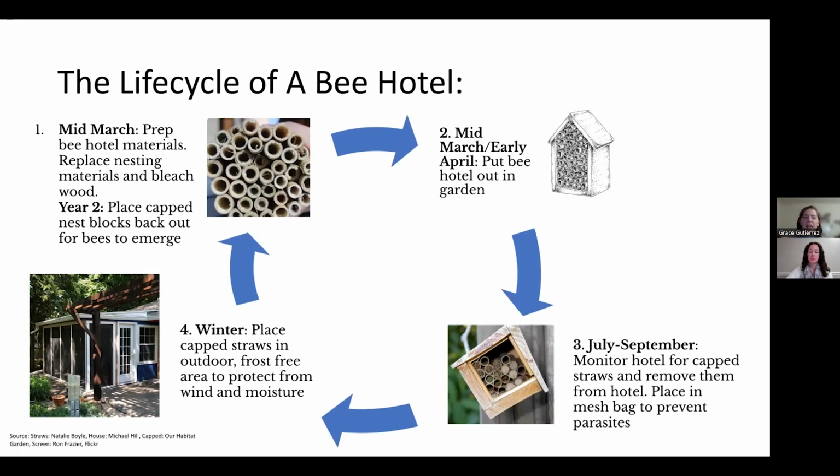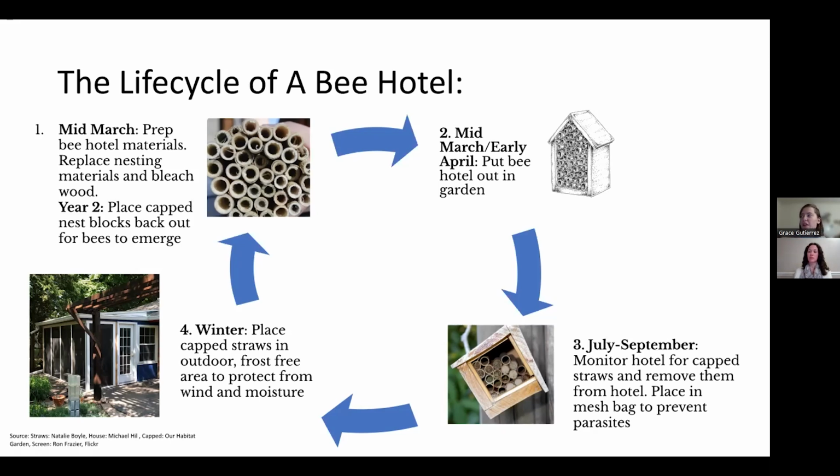Yeah, definitely. So all solitary bees follow a similar life cycle, but something that does change and that I think will affect your bee hotel is that there are spring bees and there are summer bees. Spring bees are bees that emerge during the spring, so that's March and then into the very early parts of June.